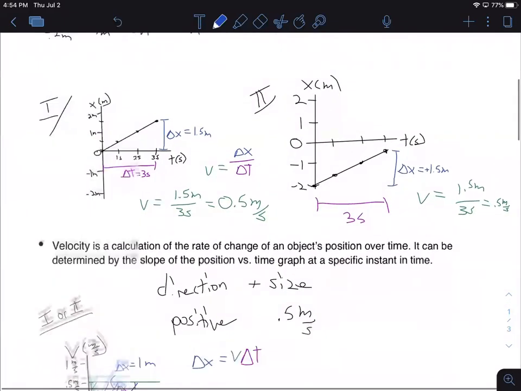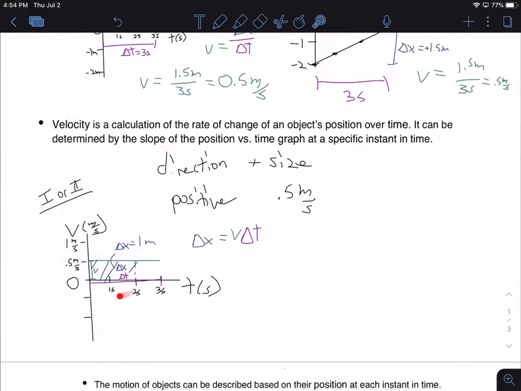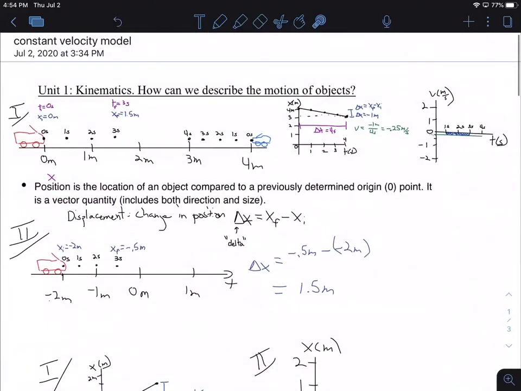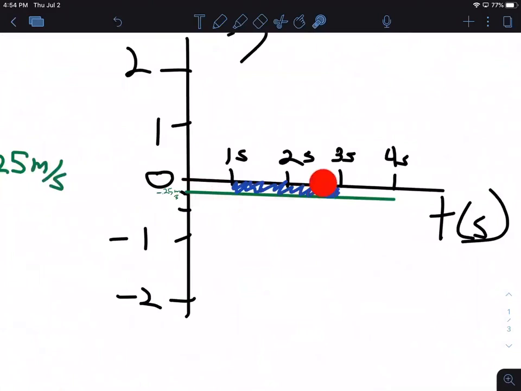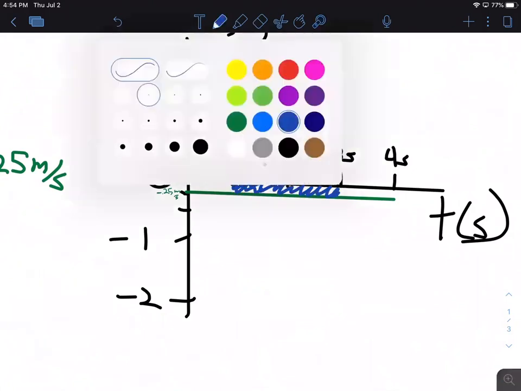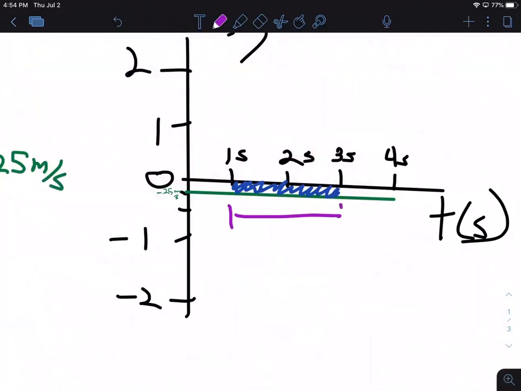In this case, we're always doing the area to the axis line, because again, we have this idea of doing the time, delta t. So in this case, 1 to 3 seconds, the delta t of 2 seconds.